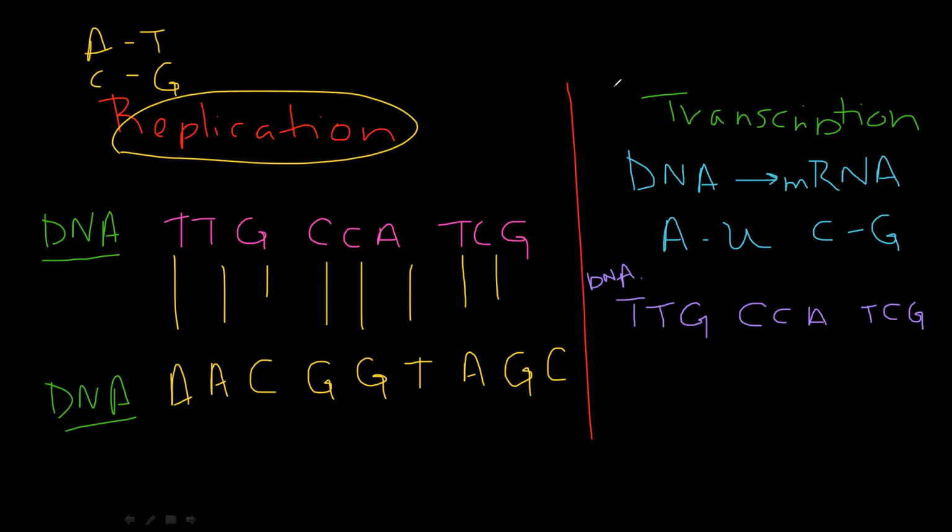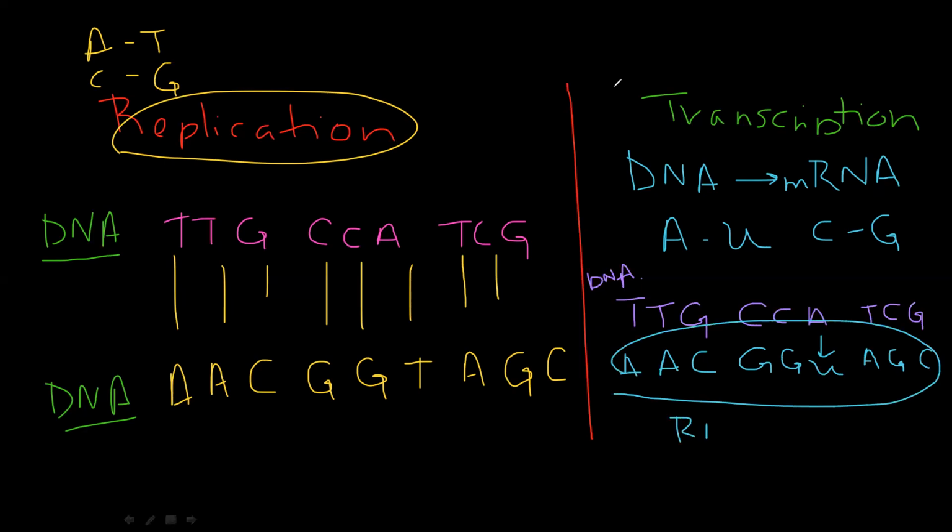So now what we have is A, C, G, G, and here we normally have T, but instead of having thymine, we use uracil. And then we'll have A, G, C. So this is now going to be our new piece of RNA.